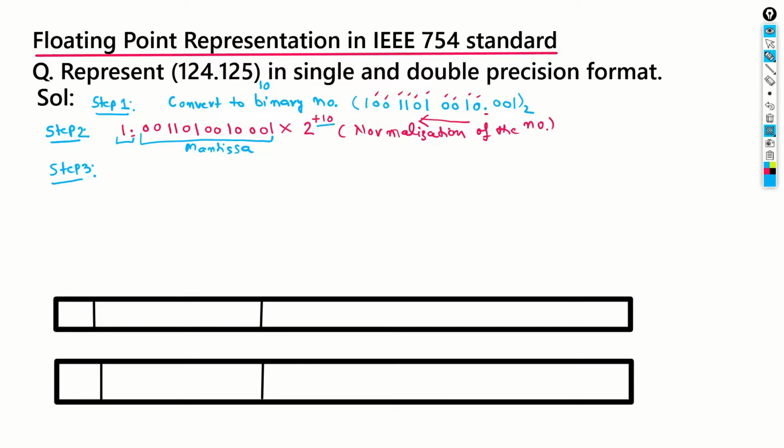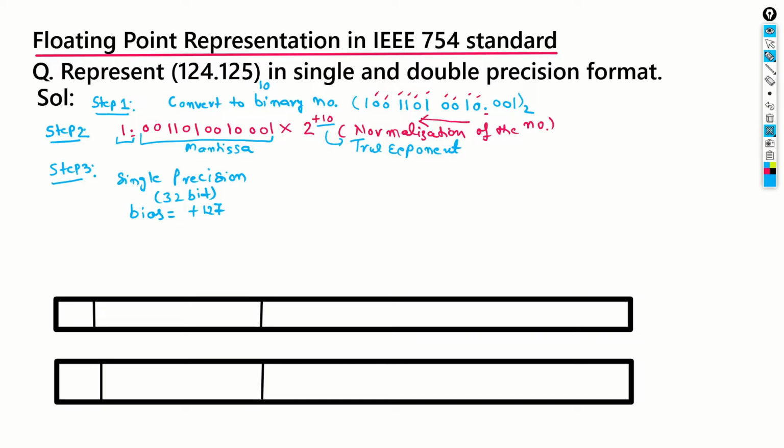And this power of 2 raised to the power 10 is known as the true exponent. Right. So in case of the single precision format, it is a 32-bit format, and the bias value is fixed, which is plus 127.